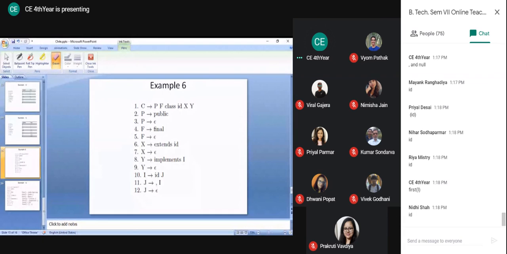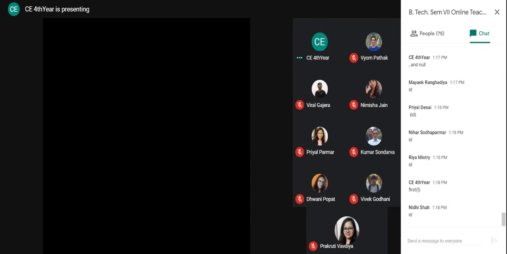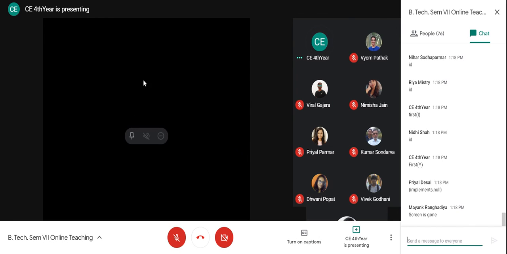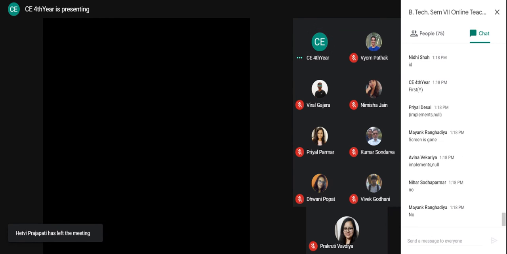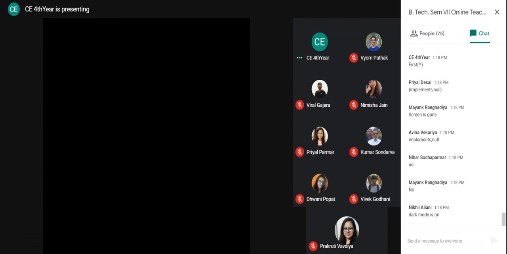Then first of y is implements and null. Is it visible to all?